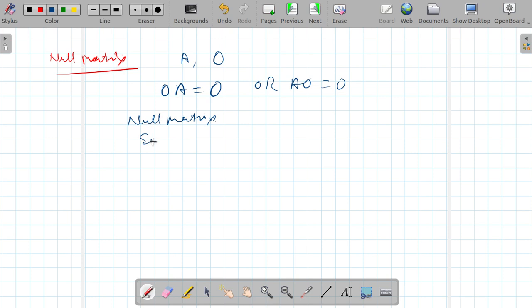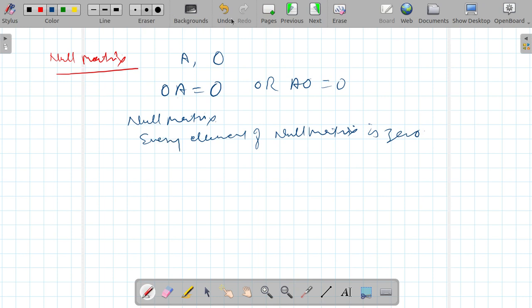And every element of a null matrix is 0, right?